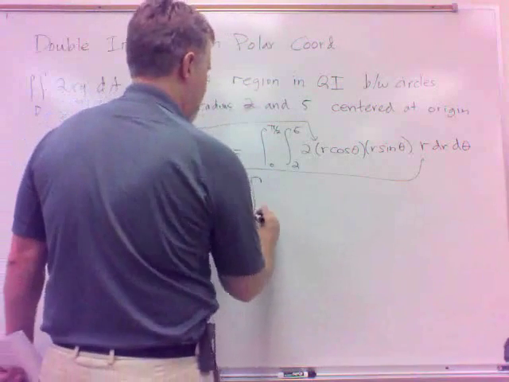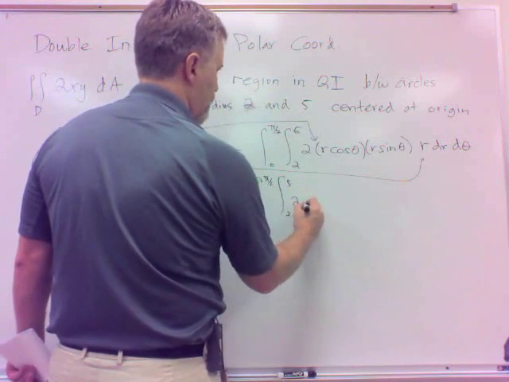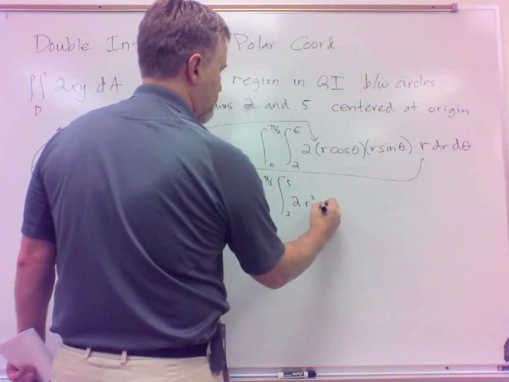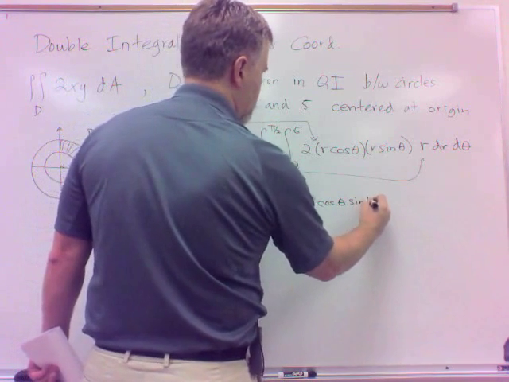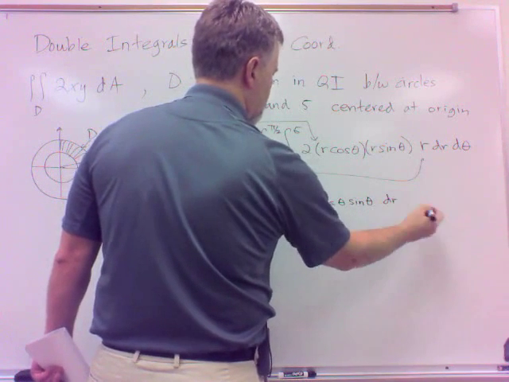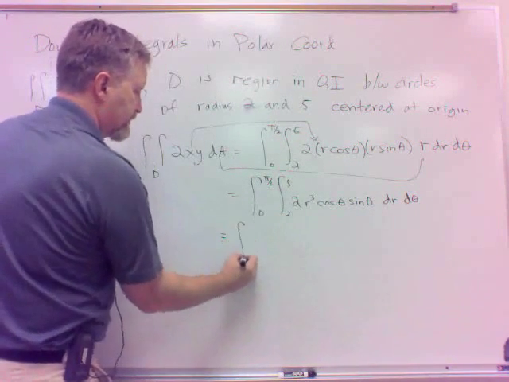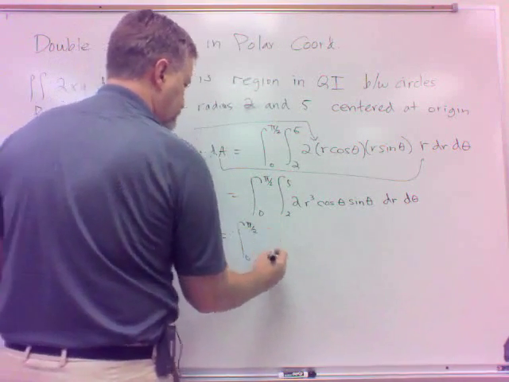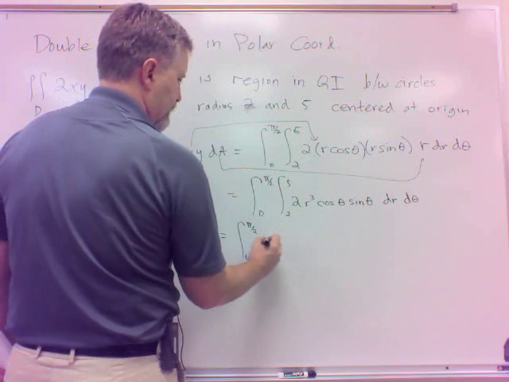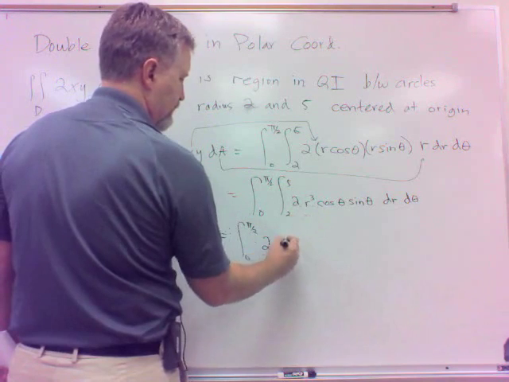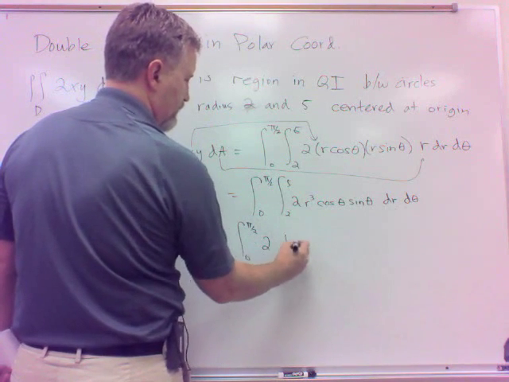So what have I got? Combining the r's there, I've got 0 to pi over 2, 2 to 5, 2r cubed, cosine theta, sine theta, dr d theta. So it's not going to be hard to do the r's there, right? Let's see. All right, r cubed, so it'll be r to the fourth.